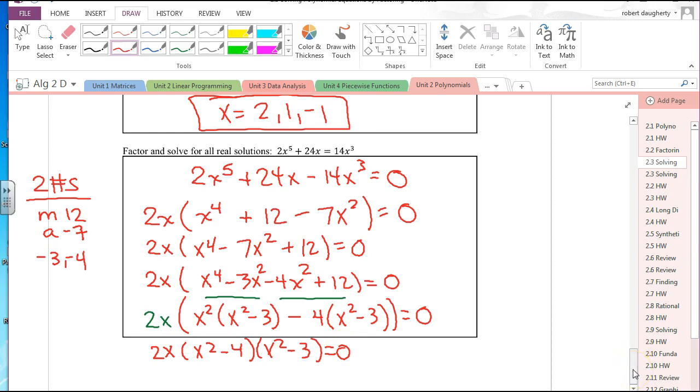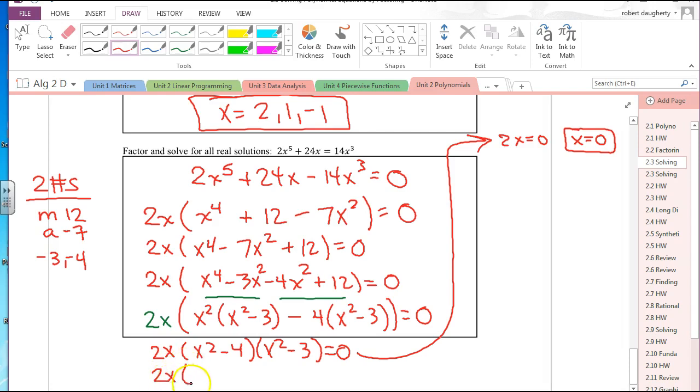Now let me move over to the right so I get a little bit of extra space. Set each of those equal to 0. 2x equals 0 means that x is equal to 0. That's one of my solutions. Then x squared minus 4 can be factored further: x minus 2, x plus 2, times x squared minus 3 equals 0.